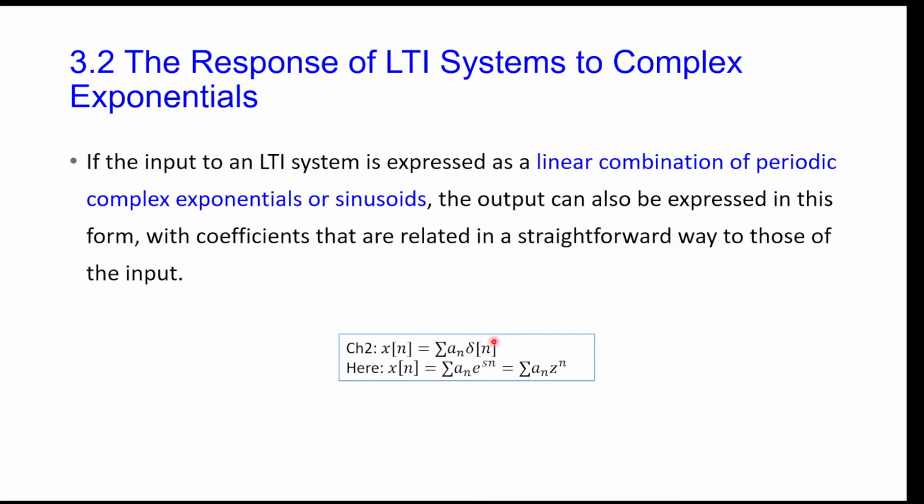If you express your input signal as a linear combination of those eigenfunctions, then the output can be calculated easily, because your LTI system is linear. Basically, in chapter 2 we wrote our input signal as a linear combination of delta functions.